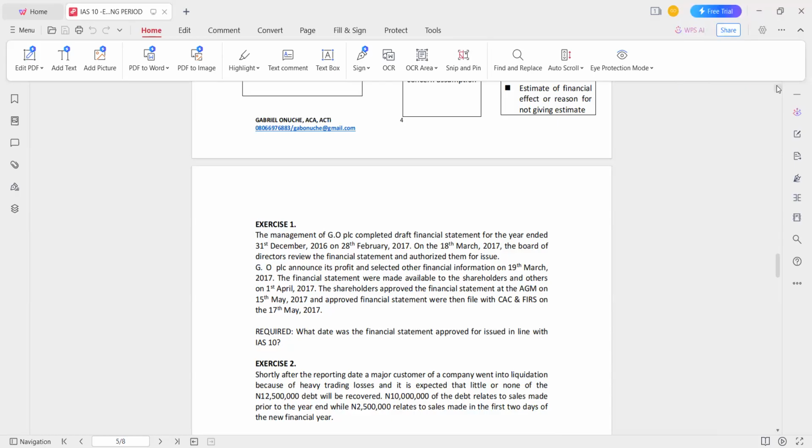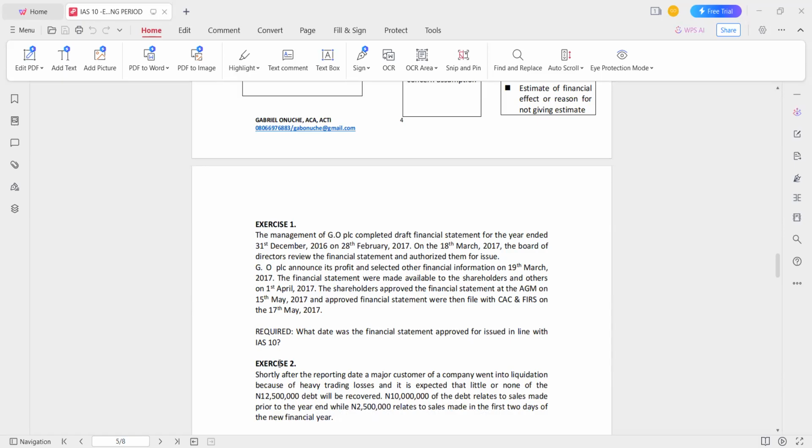The management of GOPLC completed draft financial statement for the year ended 31st December 2016 on 28th February 2017. On the 18th March 2017, the Board of Directors reviewed the financial statement and authorized them for issue. GOPLC announced its profits and selected other financial information on 19th March 2017.